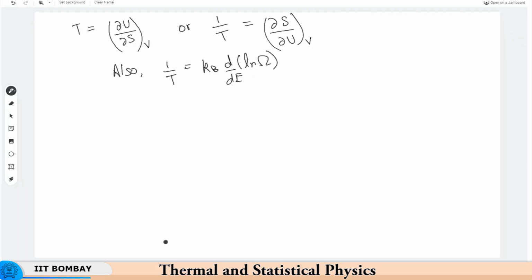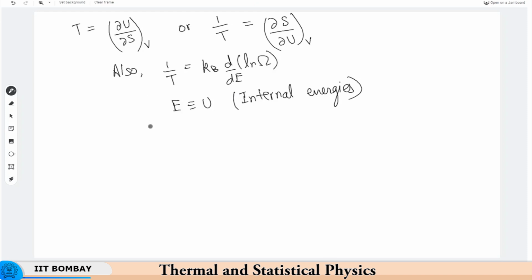Now I want to highlight that the quantities E and U are not really different. They both express the internal energy of the system. So E is equivalent to U, and both are internal energies. Therefore we can equate them.